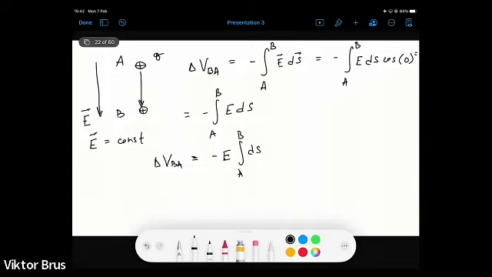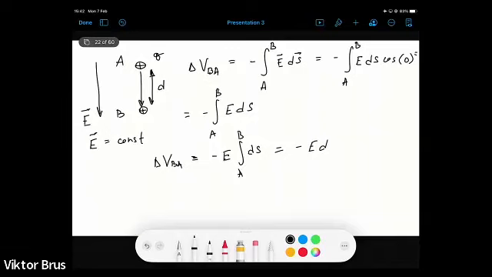And this integral from A to B is nothing else than the distance d, which this electric charge traveled from point A to point B. So that will be minus E times this distance d.